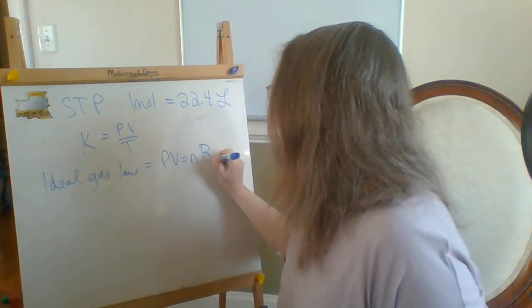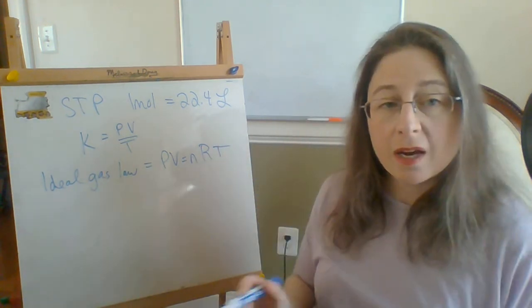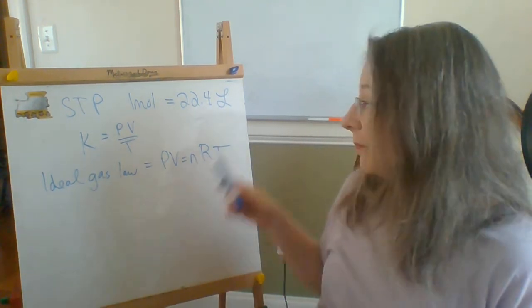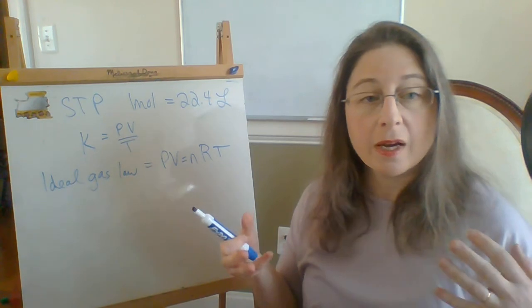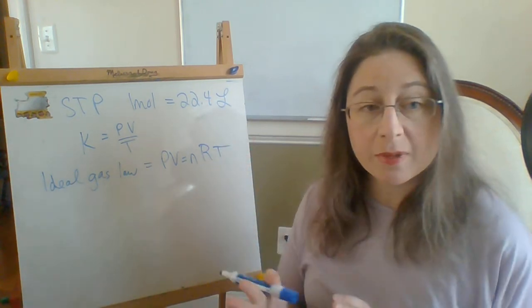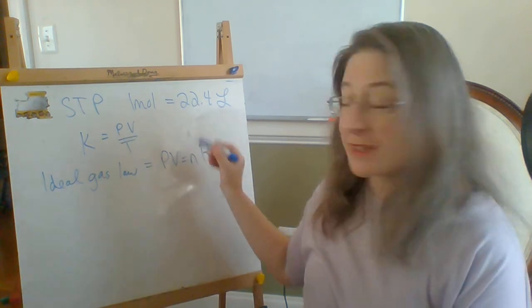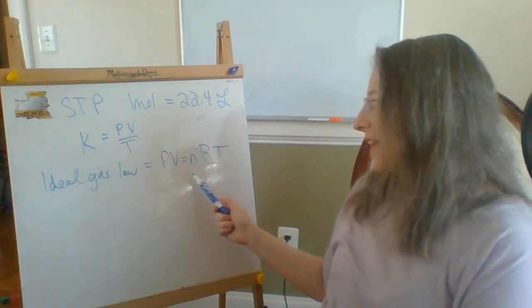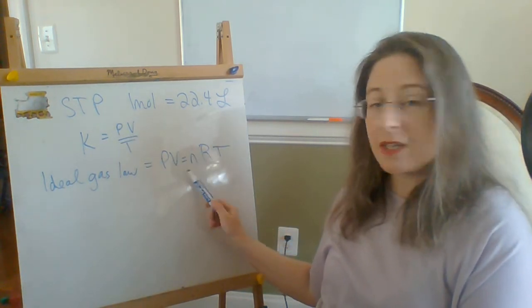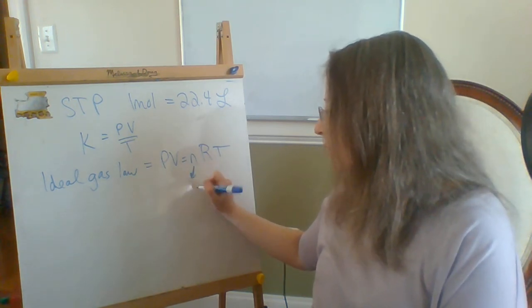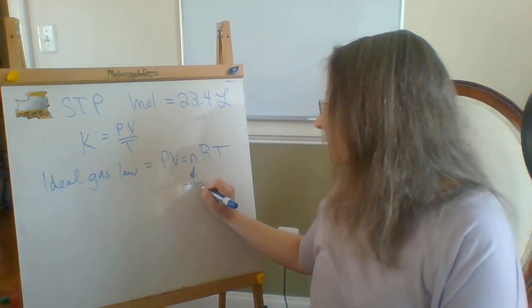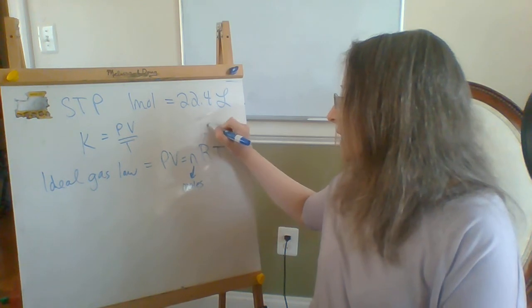If we combine what Avogadro said about equal volumes of gas at the same conditions having the same number of moles, with what we had before, we get the ideal gas law, which says pressure times volume is equal to n, which is the number of moles, times R, which is a constant.